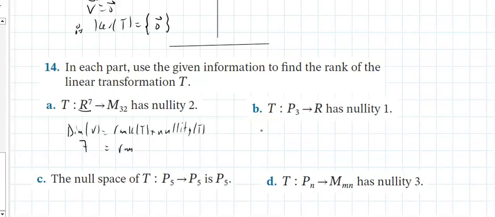The rank is what we're looking for, and nullity is 2. So that means the rank of T is 5. That's simple, nothing to it.